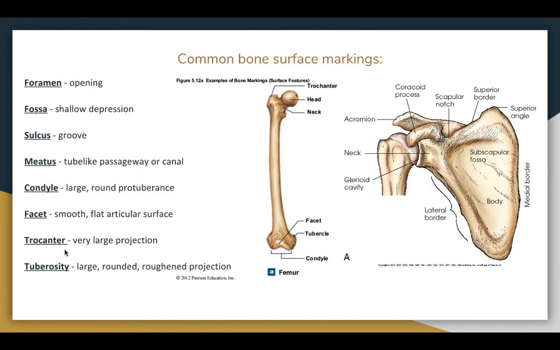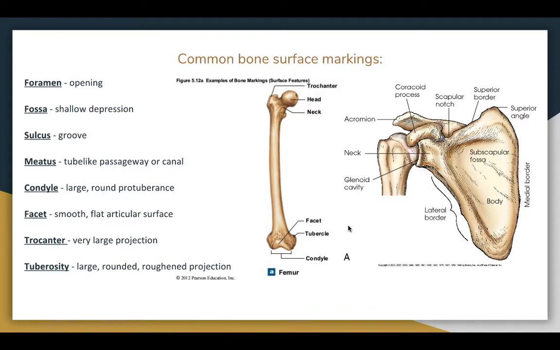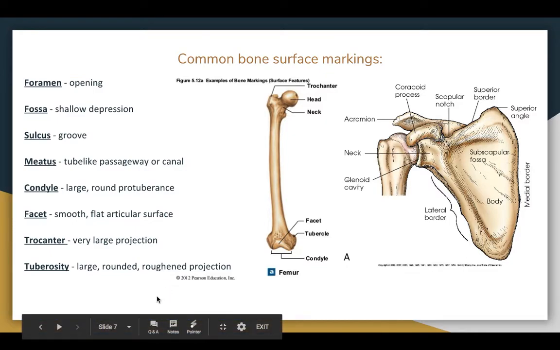The trochanter is a very large projection, and that's what this is classified as up here. Tuberosity is a large, rounded, roughened projection. All right, and those are just some basic ideas that make up your bone markings.